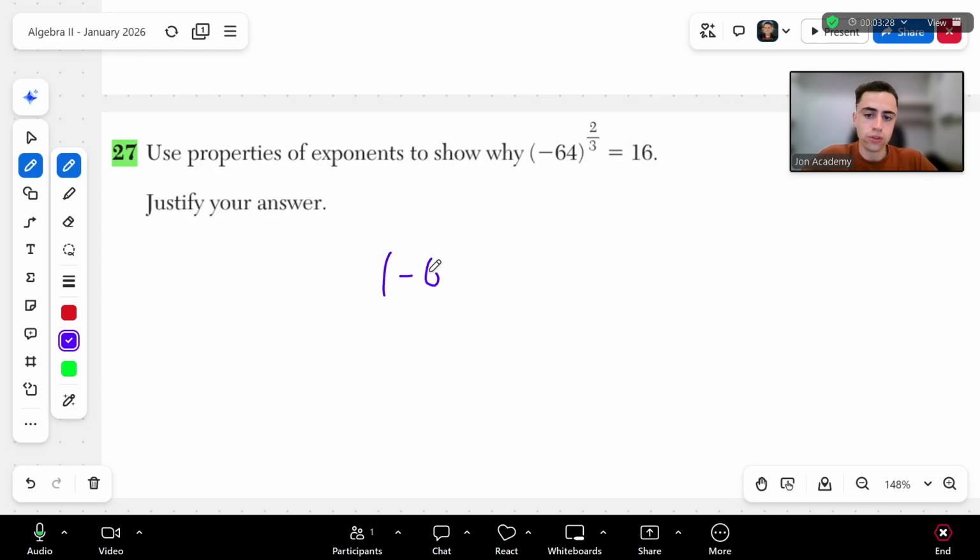So minus 64 to the 2/3, we can write it as to the 1/3 and later another power of 2, because the power of a power multiplies the exponents. So we will be getting 2/3.